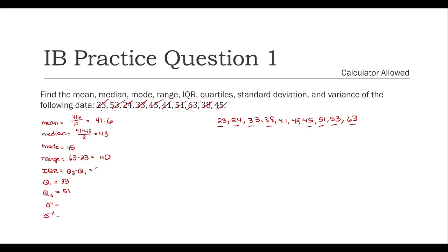So our IQR is 51 minus 33, which equals 18. Our standard deviation, as given by the calculator, is 12.01. Our variance, which is our standard deviation squared, would be 12.01 squared, which equals 144.24. So these are your answers to that question.